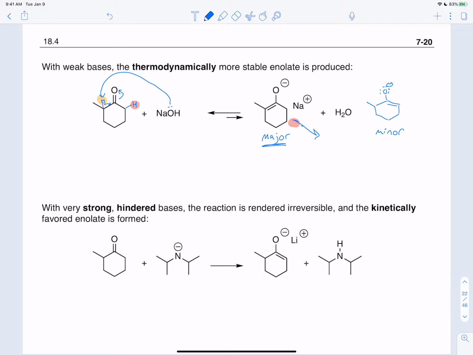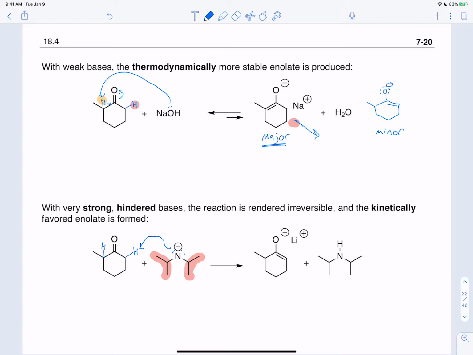And the reaction will probably give most products deriving from this enolate. In contrast, LDA is very sensitive to the sterics of the system. Since we have this very big, bulky LDA that is protected by all of these methyls, it really cannot react with this more substituted hydrogen.